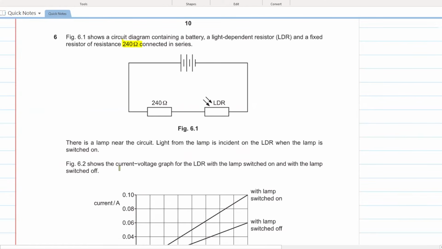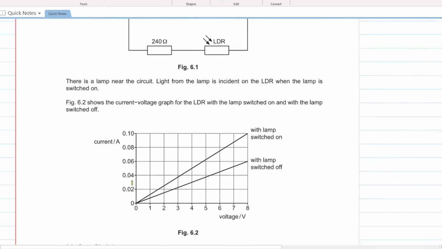Figure 6.2 shows the current versus voltage graph for the LDR with the lamp switched on and with the lamp switched off. Now I have always told you guys a trick: in the exam, whenever you see something already covered in theory, make a key note here.